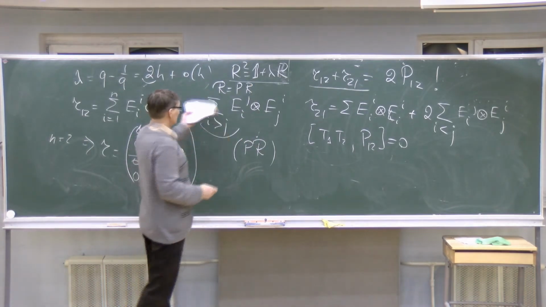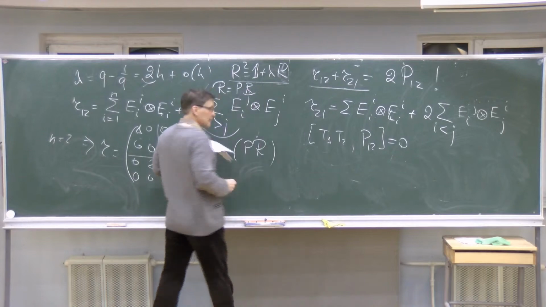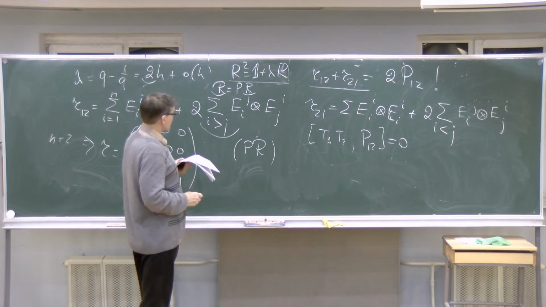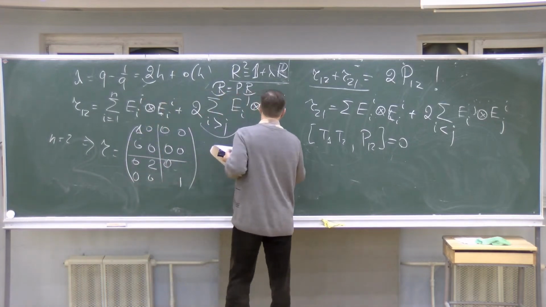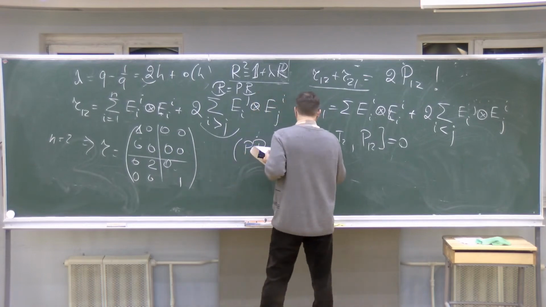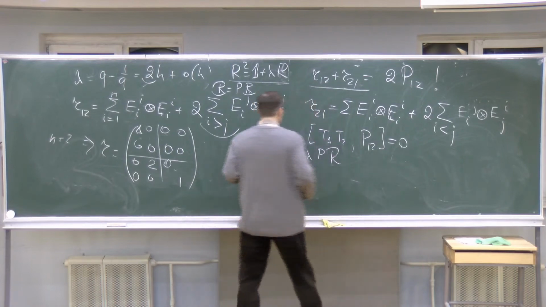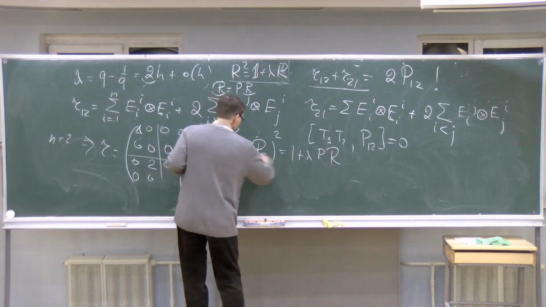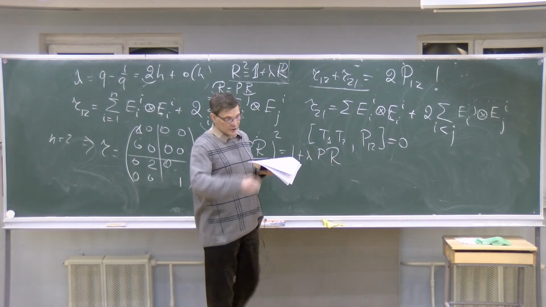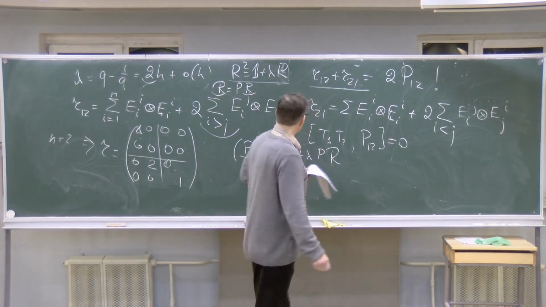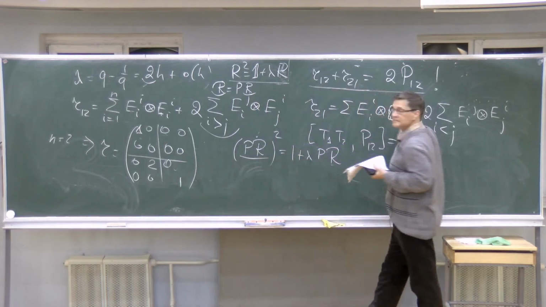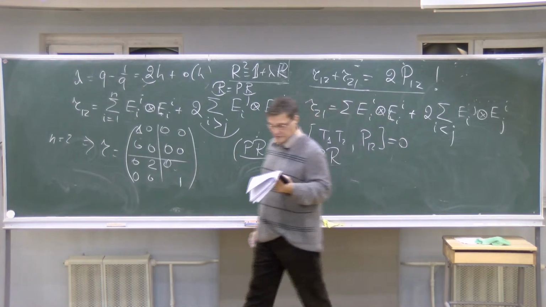So I can express the braided matrix in terms of this matrix R. Squared is equal to 1 plus lambda P R beautiful, and then expanding this R beautiful in terms of h, I'll immediately get this condition. It's very easy to verify.